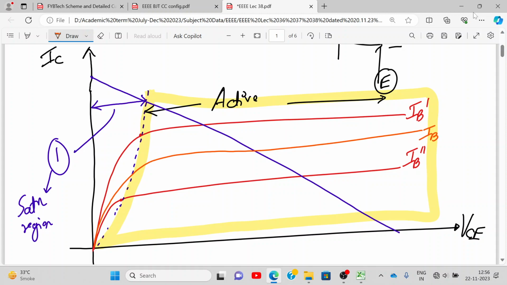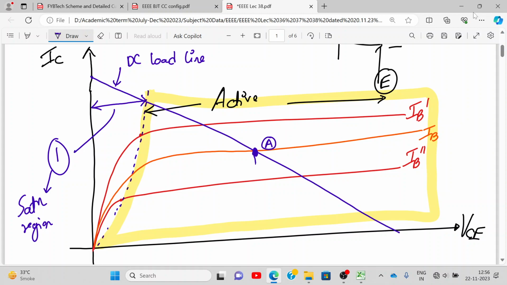So, this red color graph is my output characteristics. This much you believe, right? What is this blue line? The blue line is called the DC load line. When you bias the circuit, the intersection of the DC load line and output characteristics is my operating point. So I'm operating my BJT at this point, point A.